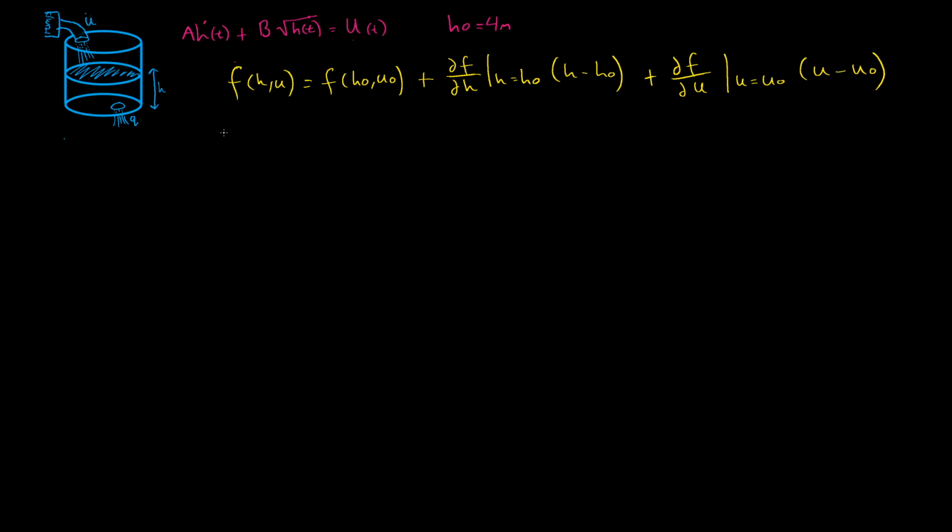So we'll say our h dot of t. In fact, as we go forward, understand that these are all time varying, but we're just going to drop the t term.